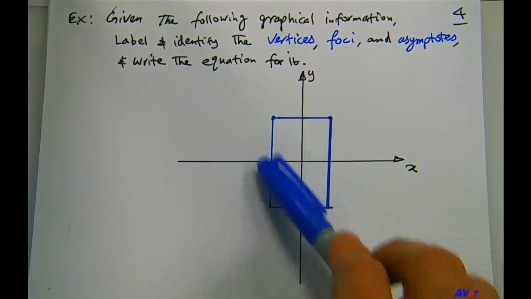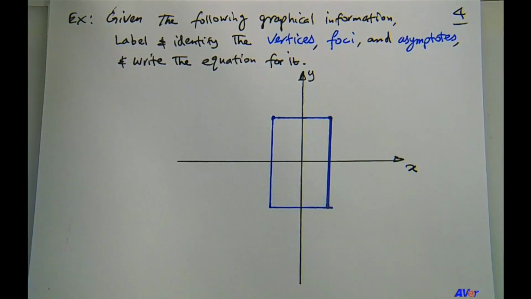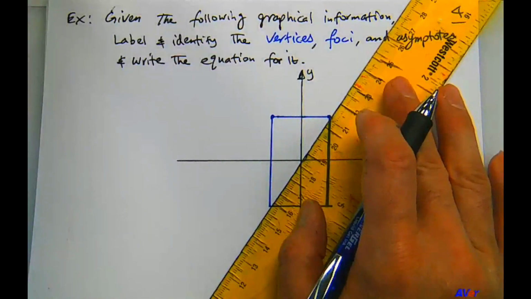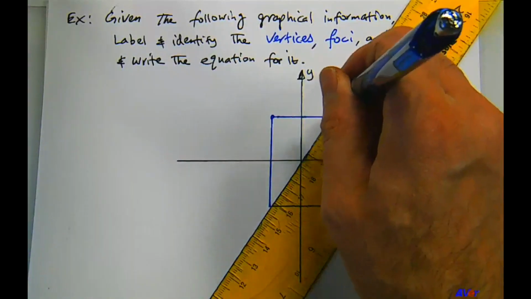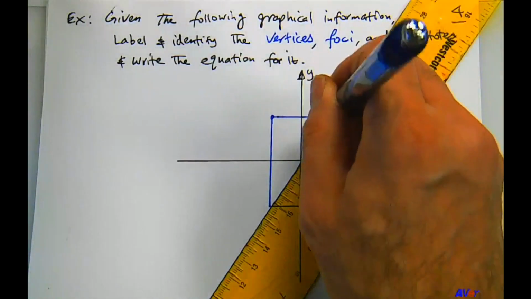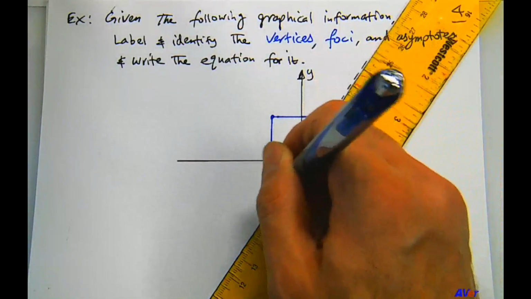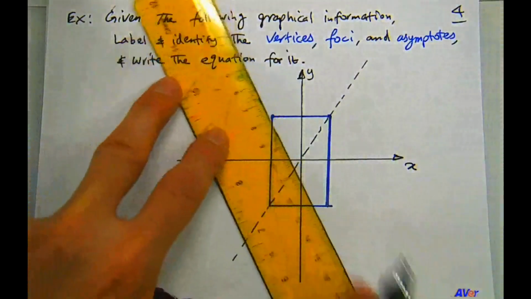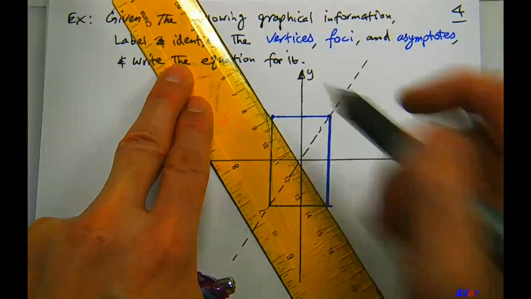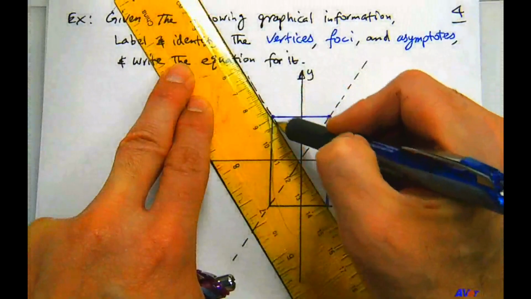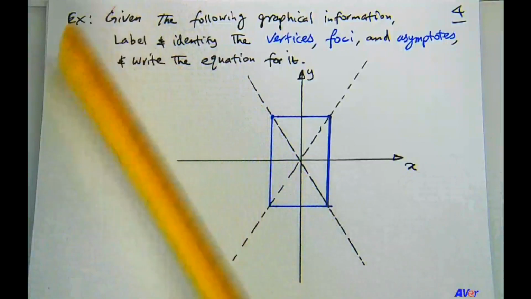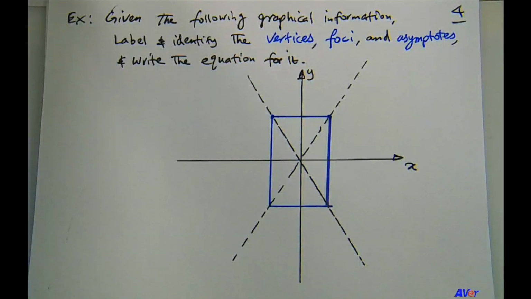So these sides should be equal to each other, and this is the central box. The other piece of information we're given is that this is where the asymptotes are, going right through the corner points of this box. Again, all of this information is being given to us. Then we're going to label this figure and write the equation of the hyperbola associated with it.